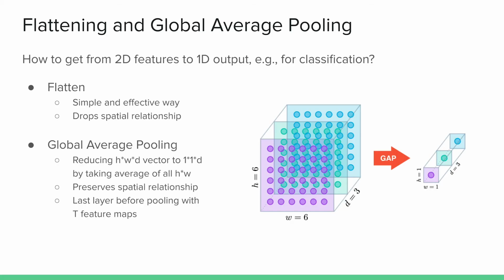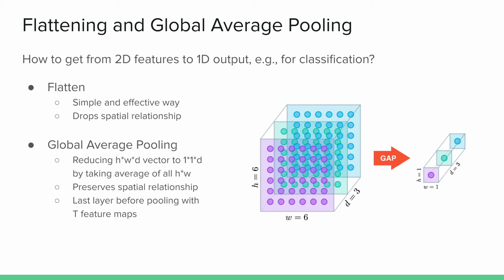When you have a bunch of convolutional layers, we end up with what we've seen, for example, a 7x7x64 output. So when we take this, we want to classify it. How do we get to the output? And we've already seen one way, because we want to get from these 2-dimensional features, or even 3-dimensional, whatever features, to this 1-dimensional output for classification. Well, we can just flatten the thing straight away.